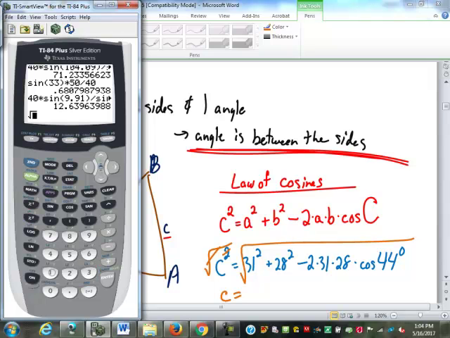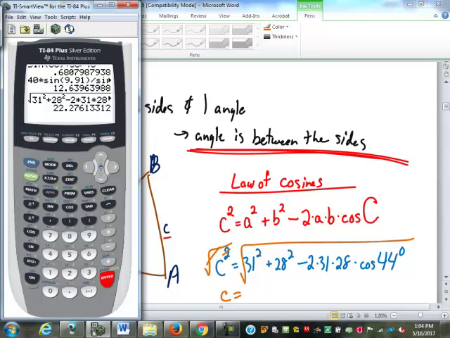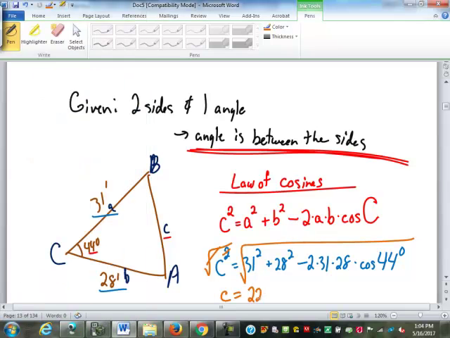So I'm going to do 31 squared plus 28 squared minus 2 times 31 times 28 times the cosine of 44 degrees. Now I have to do one close parenthesis to close the cosine. You guys will have to do a second one to close the square root. Now I get 22.28. This is 22.28 feet.